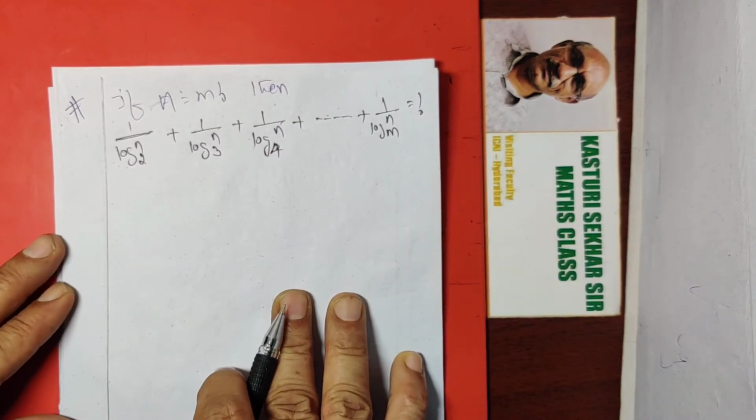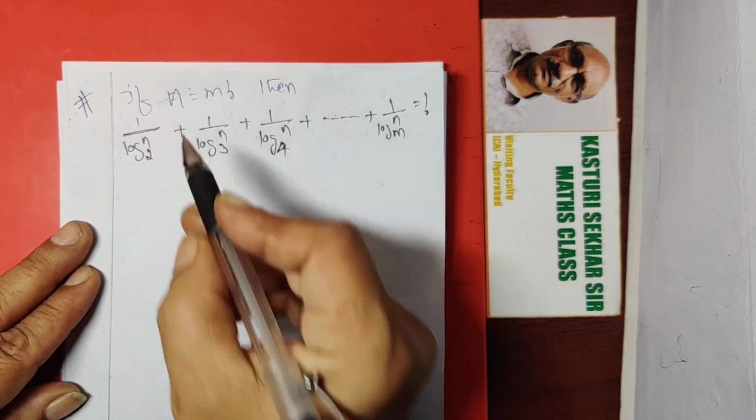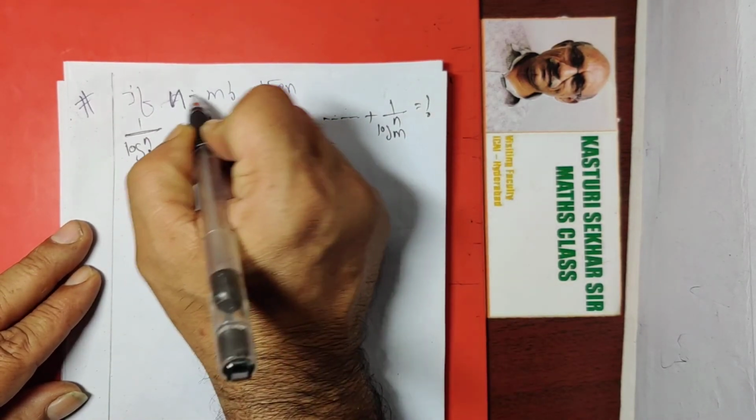This is my question, very simple question. What is given? n is equal to m factorial.